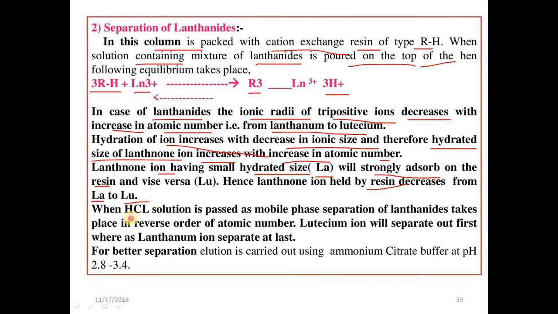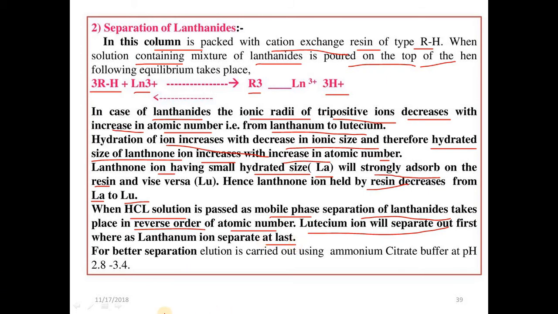When hydrochloric acid solution is passed as mobile phase, separation of lanthanides takes place in reverse order of atomic number, that is, lutetium ion will be separated first whereas lanthanum will separate last, because lanthanum is strongly bonded with the reagent.